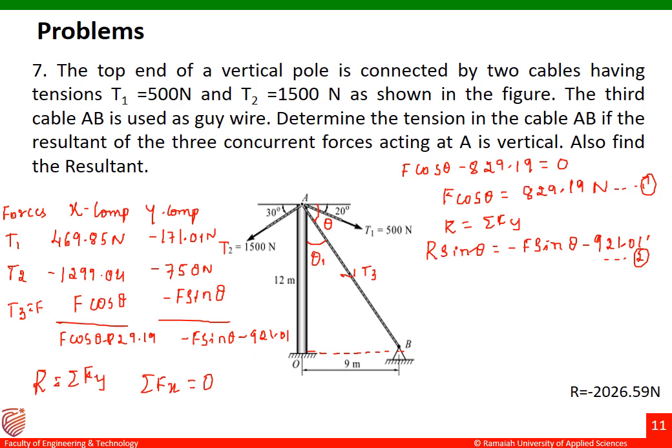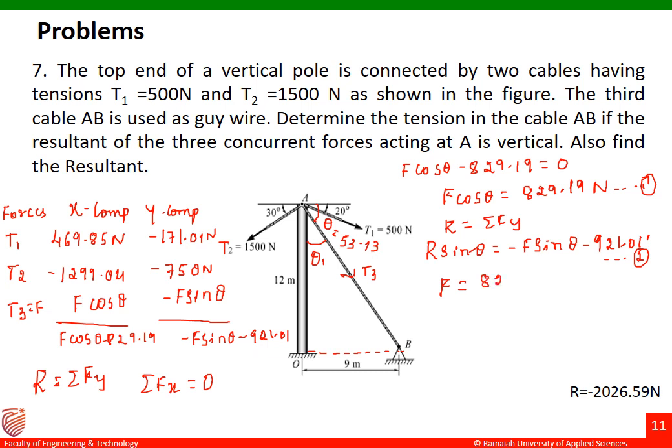We have to find out the angle theta 1. So tan theta 1 is equal to opposite upon adjacent, it is 19 by 12. You'll get the answer for theta 1 as 36.87. If theta 1 is equal to 36.87, what will be the answer for theta? That is 90 minus answer. You'll get the answer for theta as 53.13.